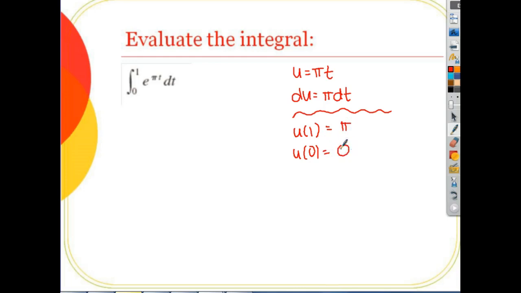So instead of being from 0 to 1, we're from 0 to pi. So all that means is that when I get to this step, I can just plug in my pi and my 0 to my u.